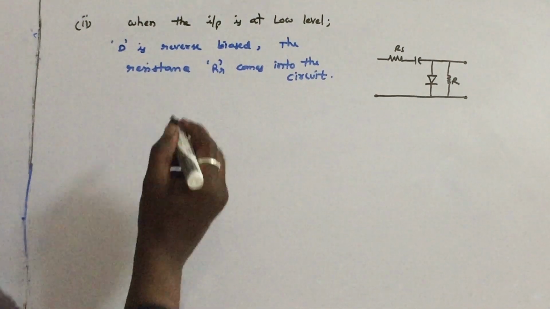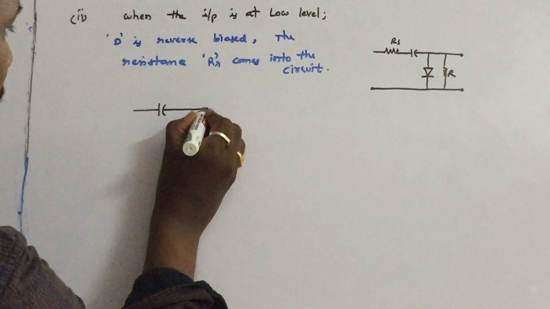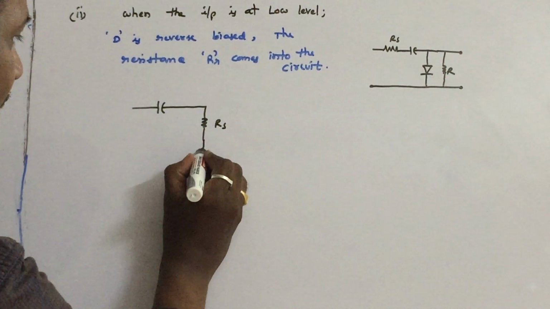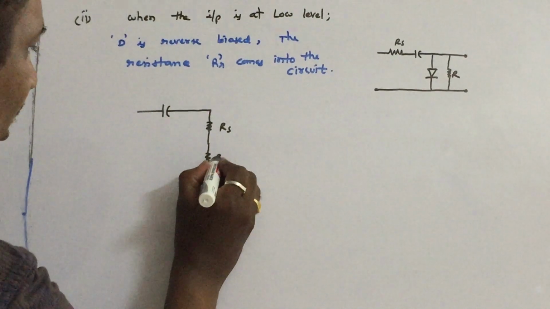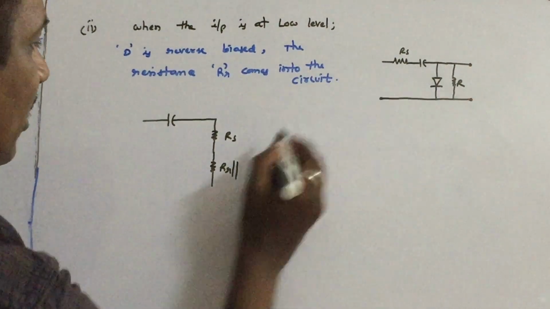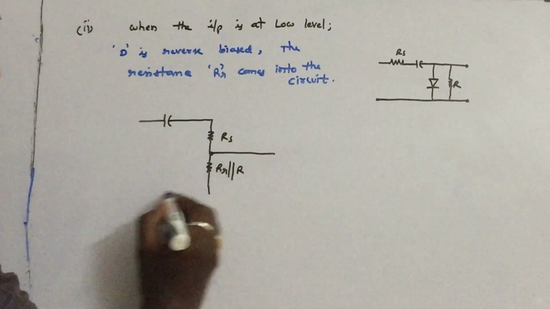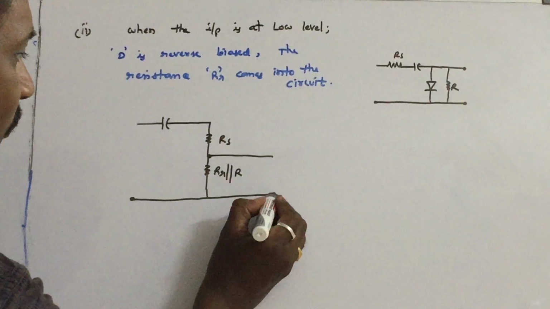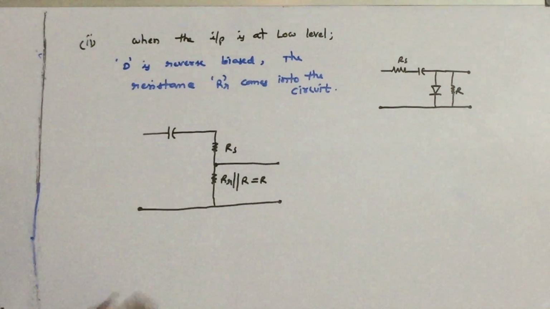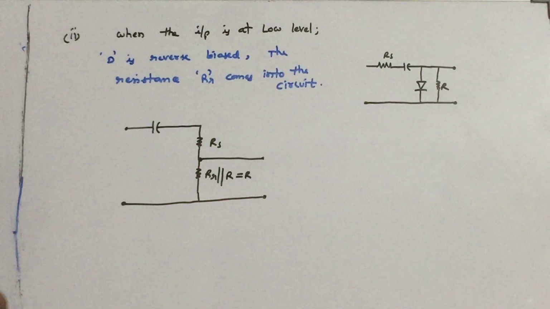Let us draw the equivalent circuit again. Keep the capacitor, and rearrange the elements like this, with Rs. The diode is replaced by its reverse resistance Rr since it is reverse biased, and it is in parallel with resistor R. Generally the reverse resistance is in the order of mega ohms, whereas R is in the order of kilo ohms, so the parallel combination comes out as nearly R. You have to clearly mention this.